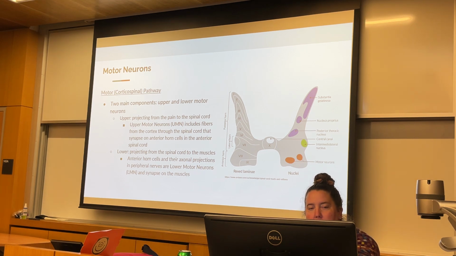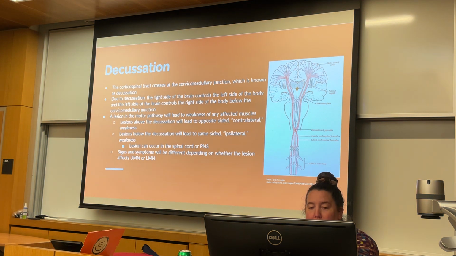I should say, knowing that the motor pathway and corticospinal pathway are the same thing. And because the table that's coming up is on the final, you should have an understanding of upper and lower motor neurons. Okay, this is definitely on the final.